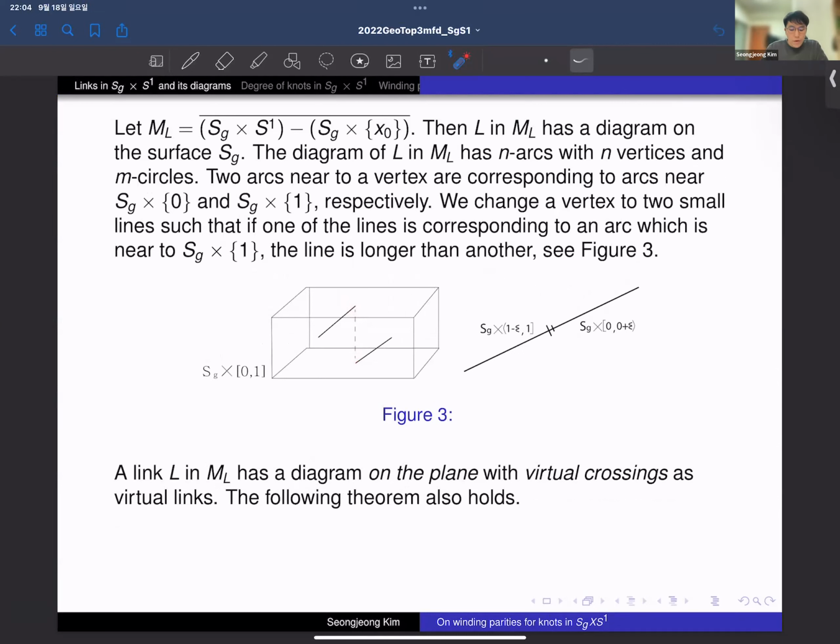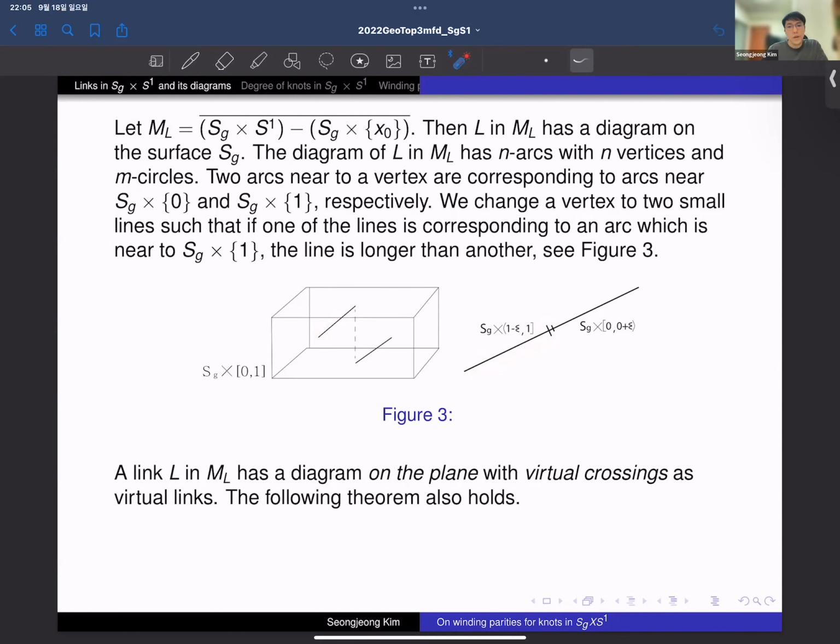Then we replace the point by double lines so that the longer line is connected to the arc which is connected to the top side of surface times [0,1], and the shorter one is connected to the other. In this manner, we get a virtual knot diagram with double lines, and it presents links in surface times S1.